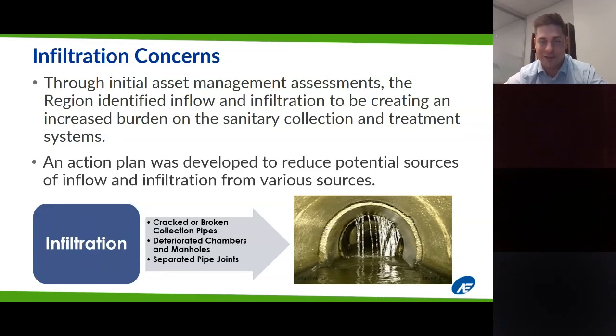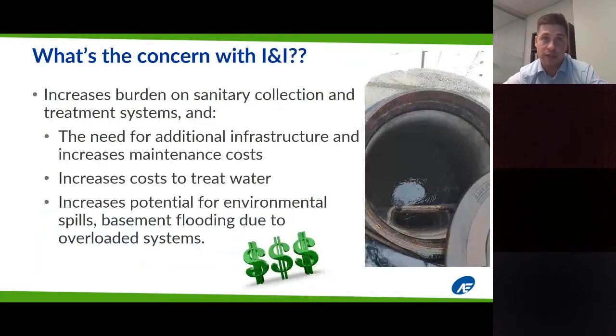This graphic on the right isn't from the Region of Peel's project, but it shows that even one small joint, and it doesn't even have to be aging infrastructure, even some newly constructed projects, if not installed properly, can have a lot of leaky joints. As you can see, it can accumulate in the collection system and really reduce your capacity. And this is just one joint. So this is a major concern for the region.